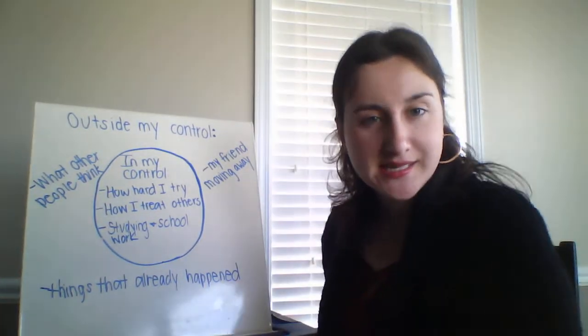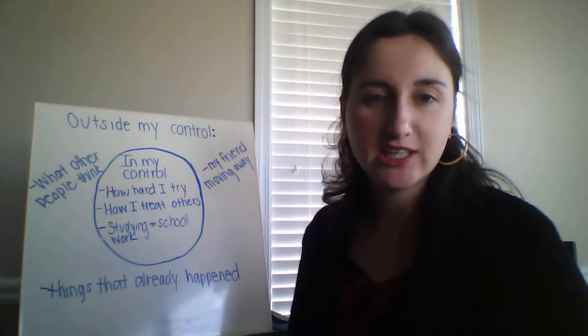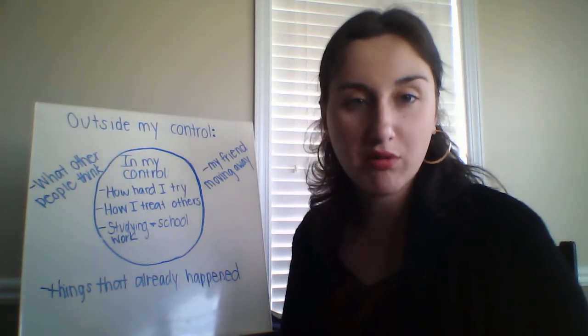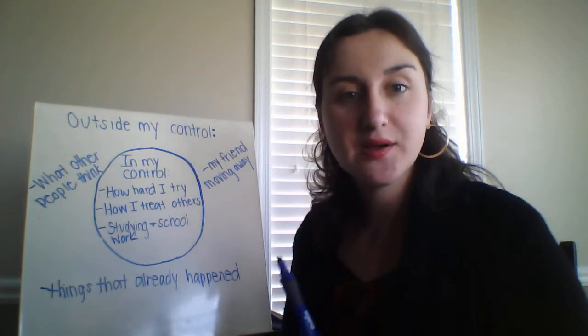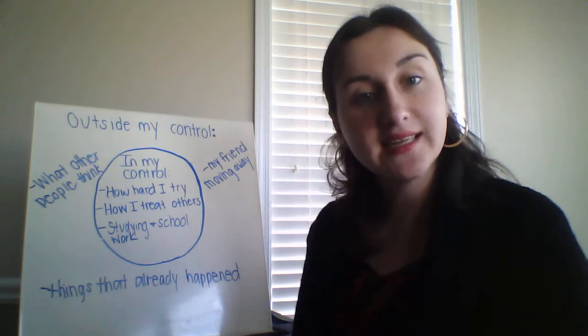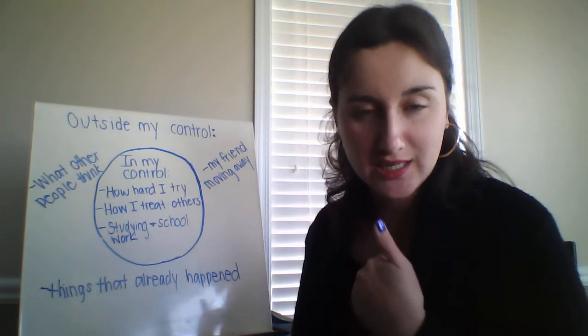Now, I mentioned that I am not in control of what other people think. I am also not in control of what other people say. So if other people are saying negative things, that's not necessarily something that I can control.